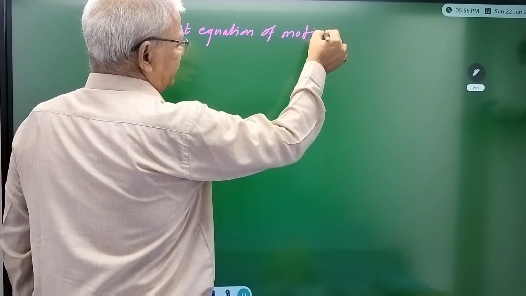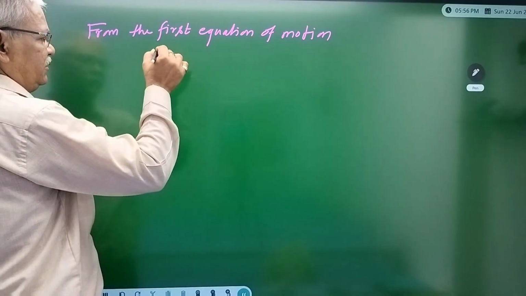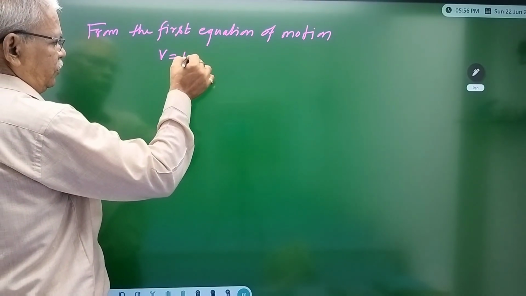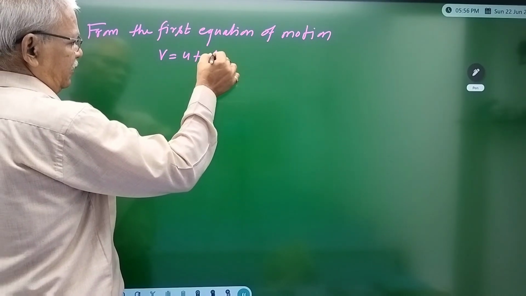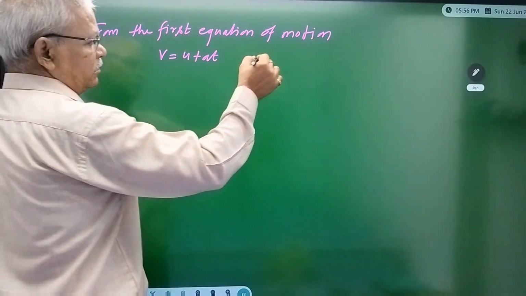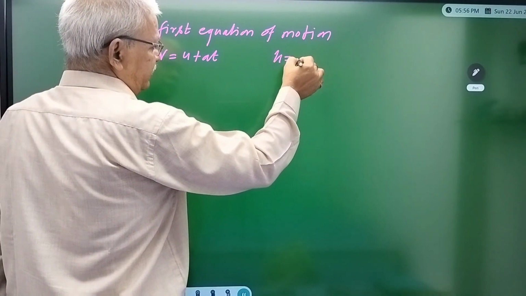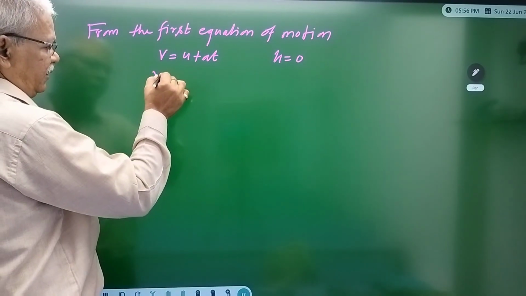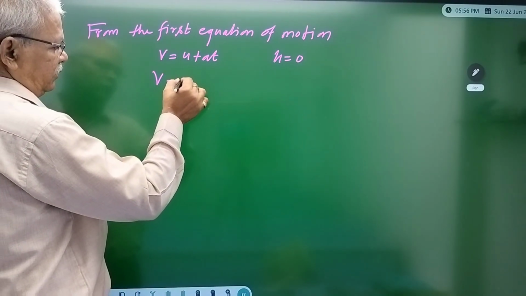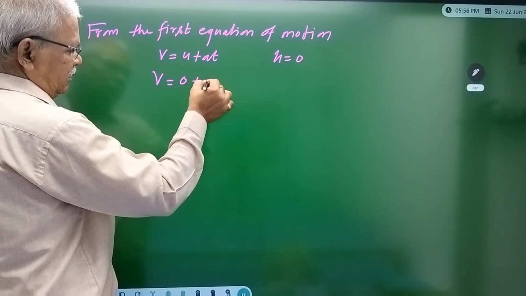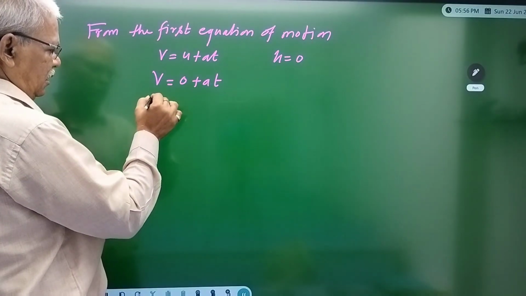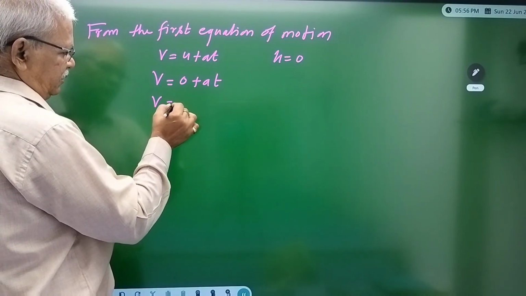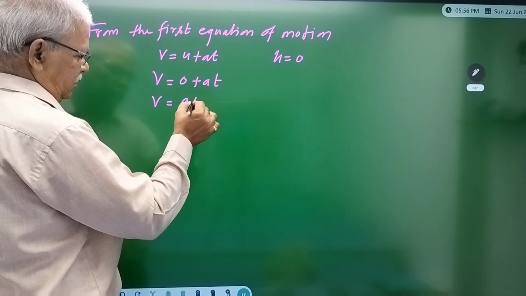What is the first equation of motion? That is v is equal to u plus at. Here also the initial velocity is 0, therefore v is equal to 0 plus at, or v is equal to at.